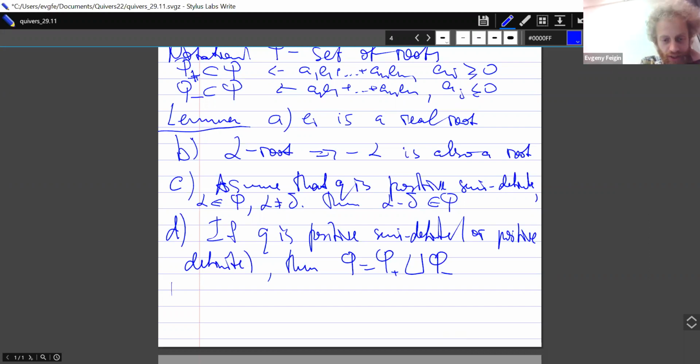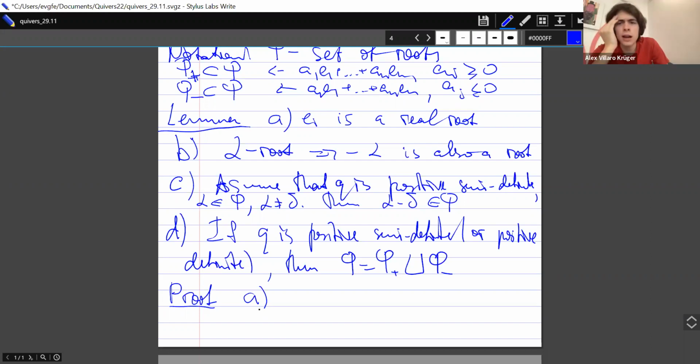So let us give a proof. Actually part A is evident. So can somebody say why? You can compute.